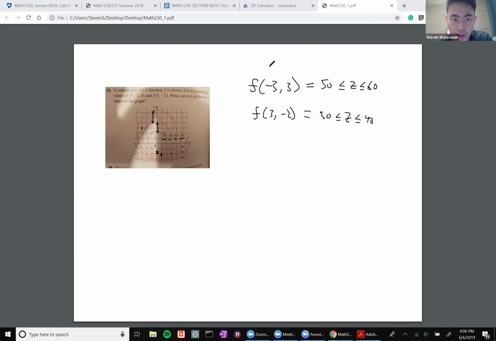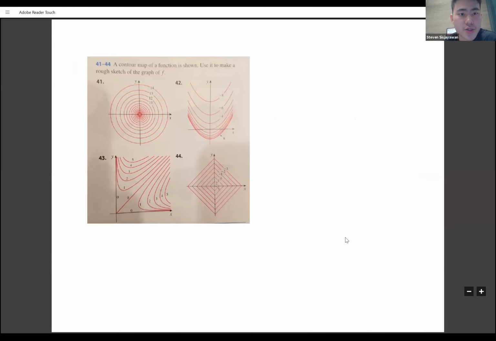This will be number 41 from 14.1, and again, I have a picture of this. A contour map of a function is shown. Let's start with number 41.